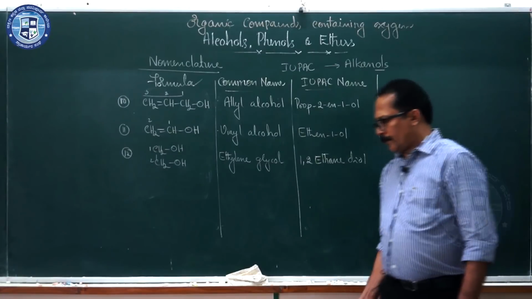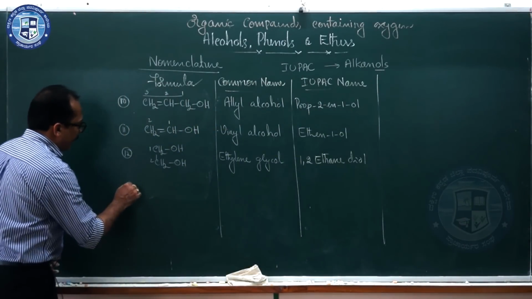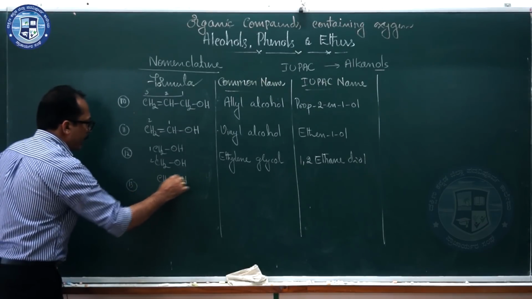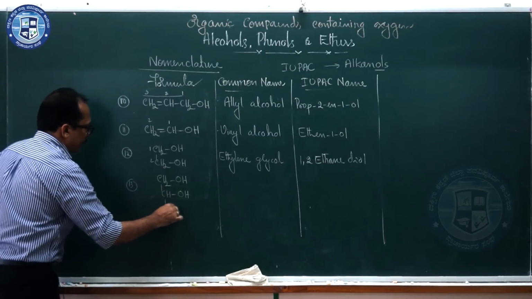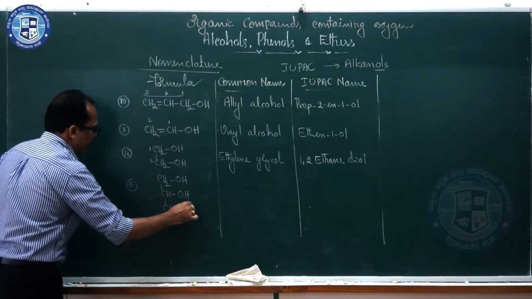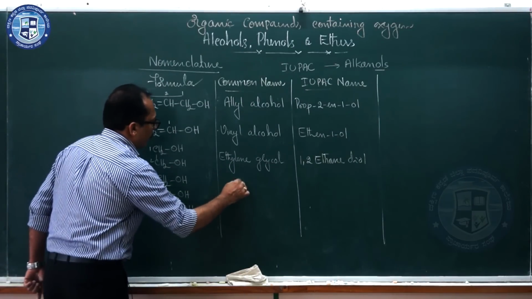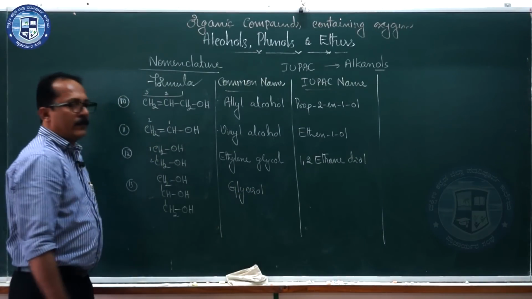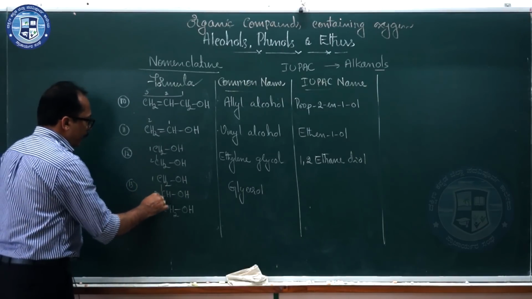Now, the next one is an example of trihydric alcohols. This compound is a very important one, CH2OH-CHOH-CH2OH. It is called glycerol. What is the IUPAC name of glycerol?